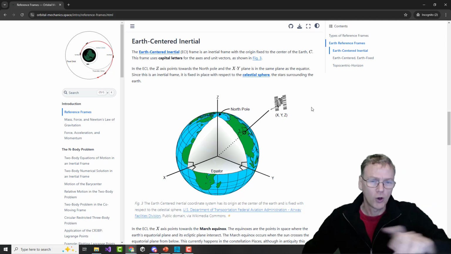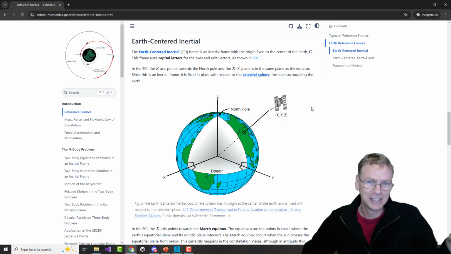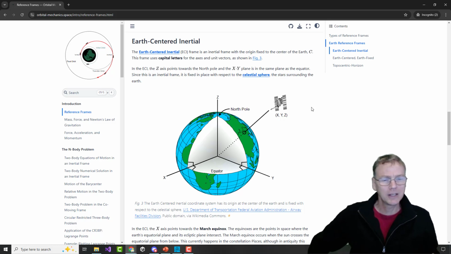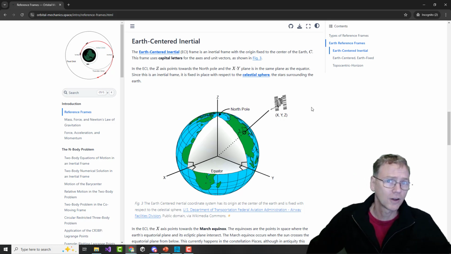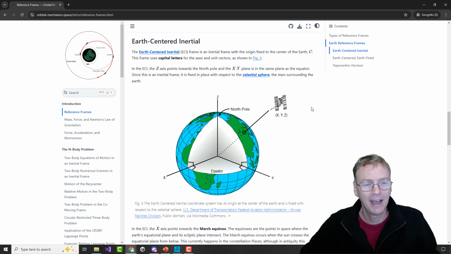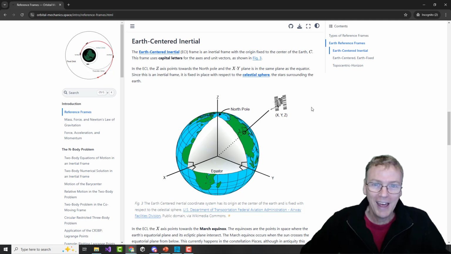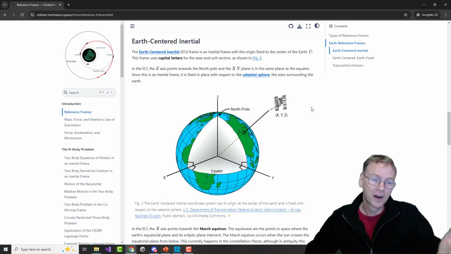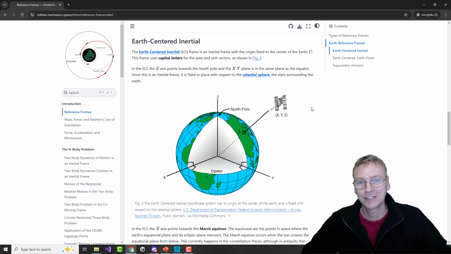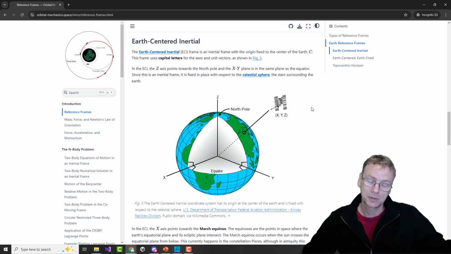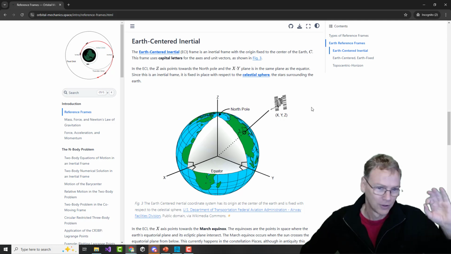That's only inertial in a geocentric solar system, because the Earth is supposedly going in a circle around the sun. But we're going to work for Earth-bound satellites, man-made satellites around the Earth. That's fine.